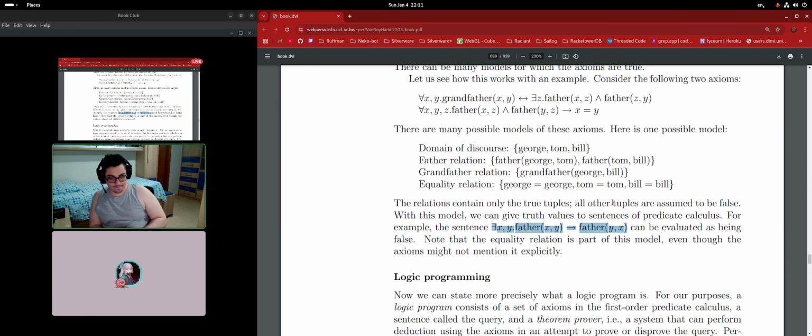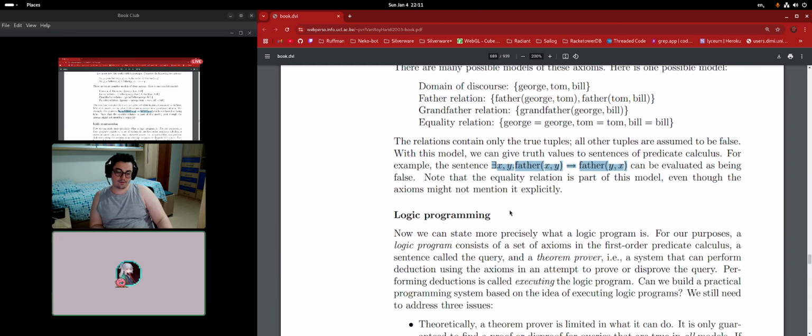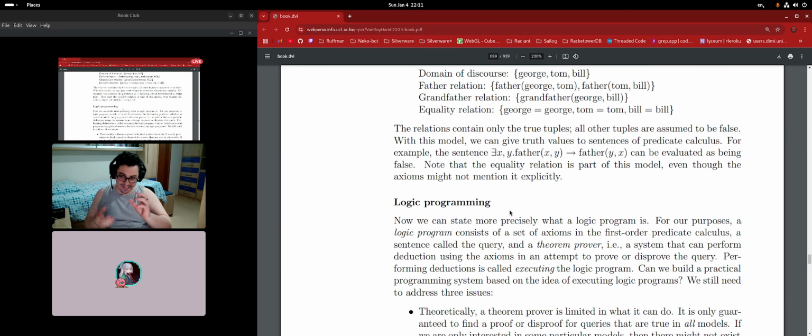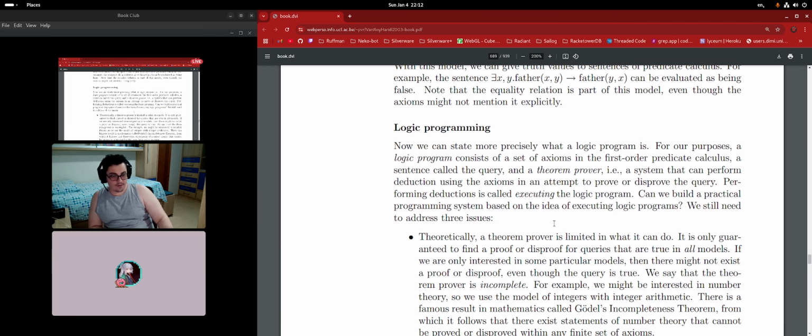The set of axioms is the assertions that you write in a logic program. That's basically your code. The ability to do deductions on the axioms to verify the truthfulness of the query is the theorem prover, and that's the engine that you write when you write a logic programming language. It's basically your Prolog implementation or the Karuta implementation. Performing deductions is called executing the logic program.